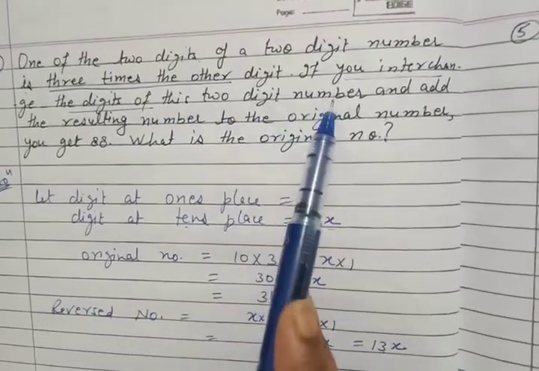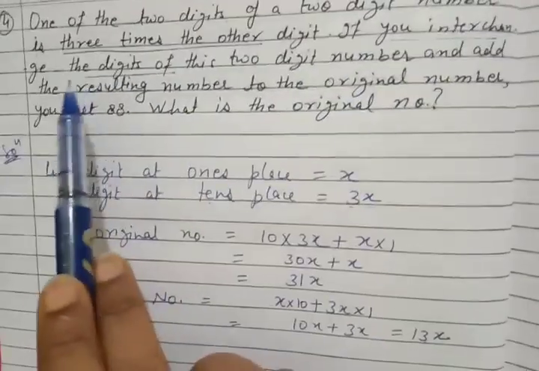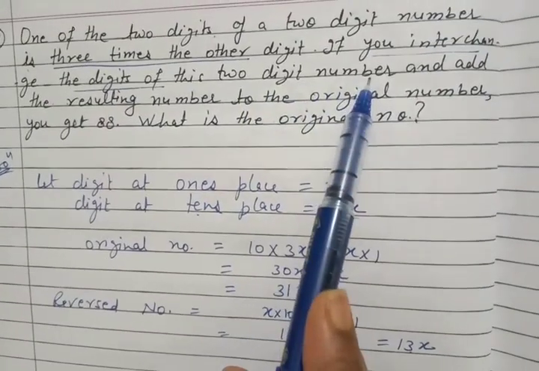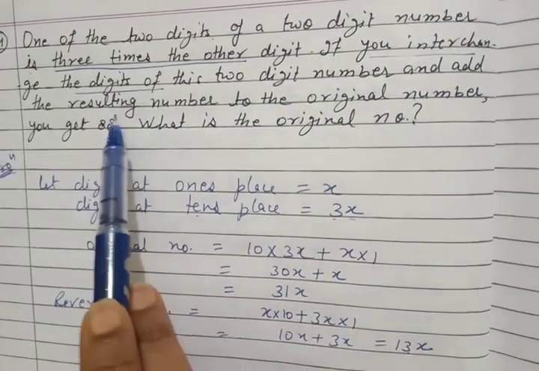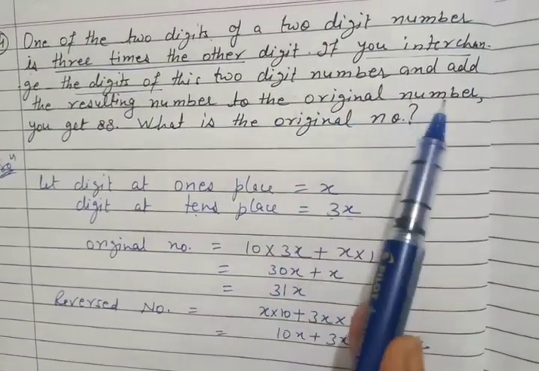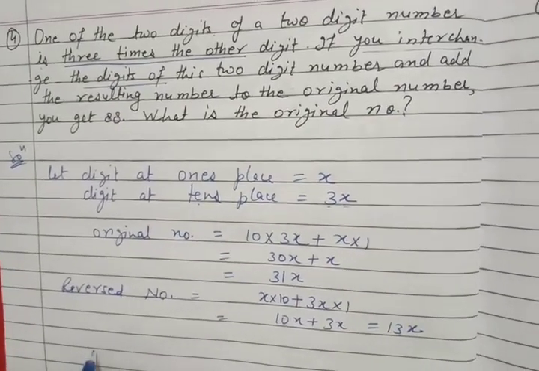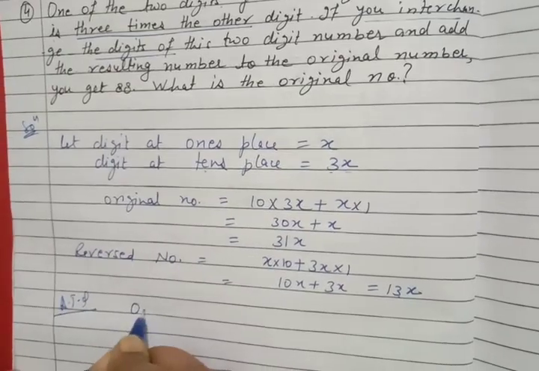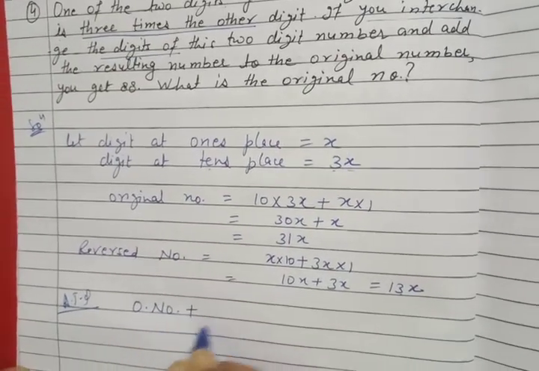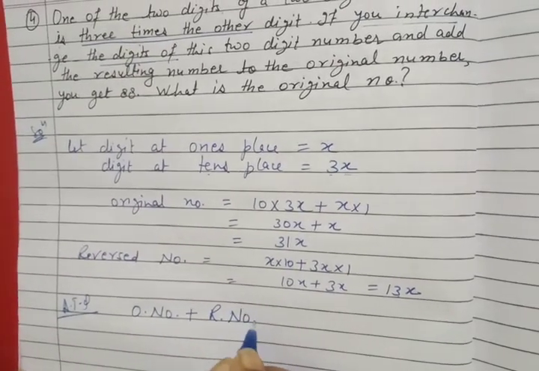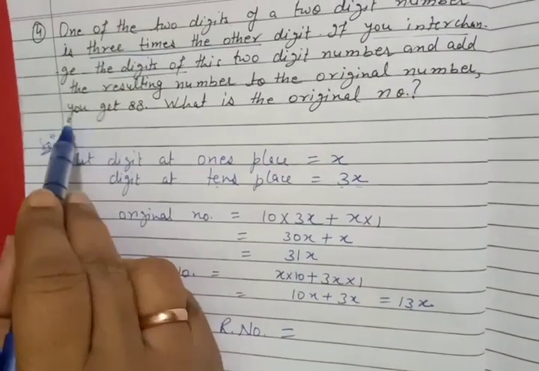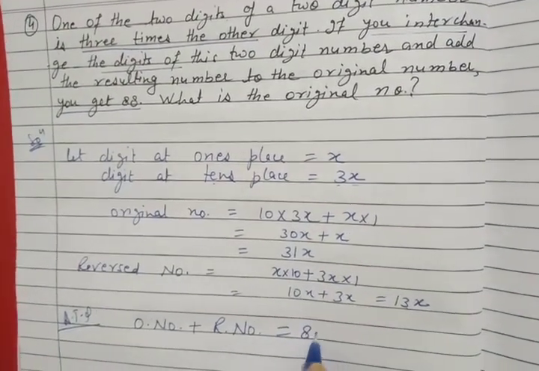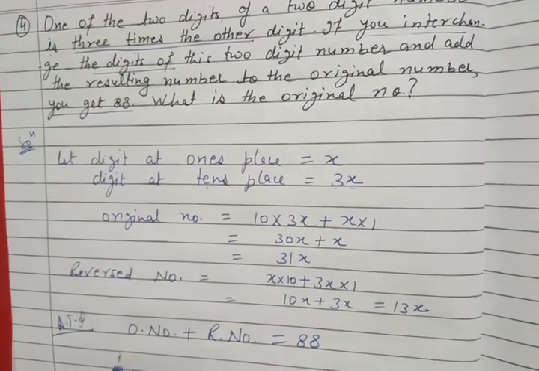If you interchange the digits of this 2-digit number and add the resulting number to the original number, according to the question, original number plus reverse number, you get 88. Now easy to solve.